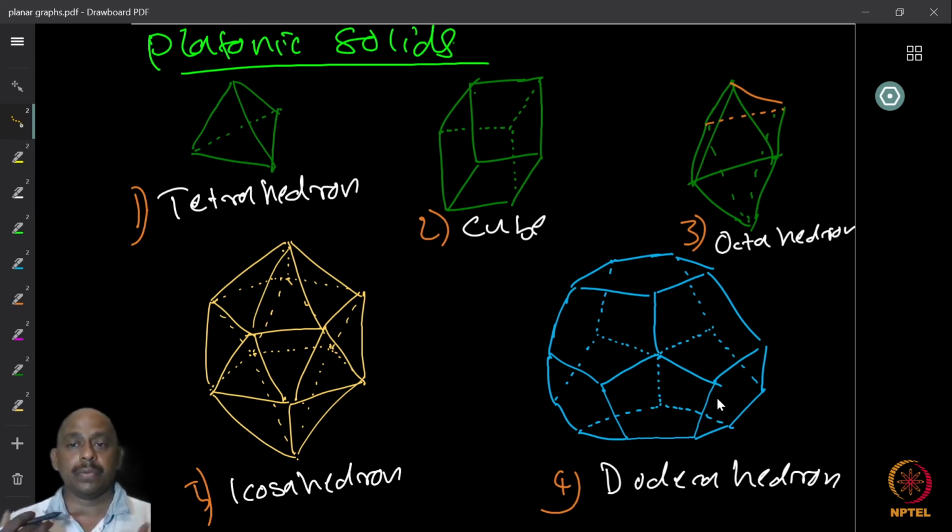Now, if you look at this more carefully, you will see that the number of faces of the cube is the number of vertices of the octahedron, and the number of faces of the octahedron and the number of vertices of the cube are also the same. Similarly, for the icosahedron and dodecahedron, the number of faces in one becomes the number of vertices in the other, and vice versa.